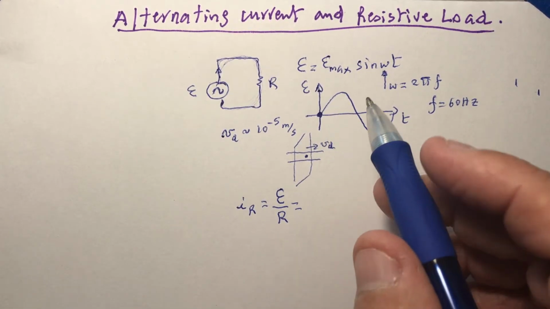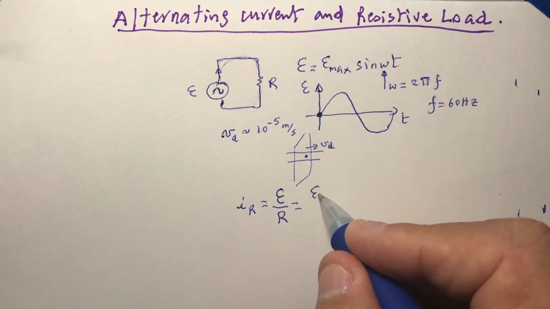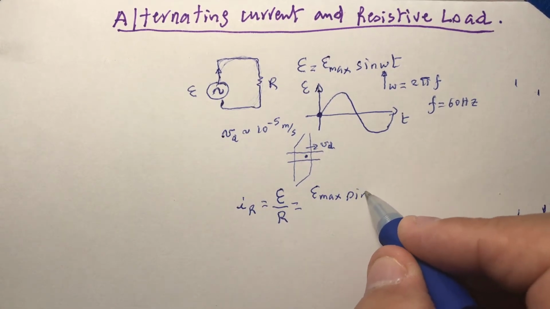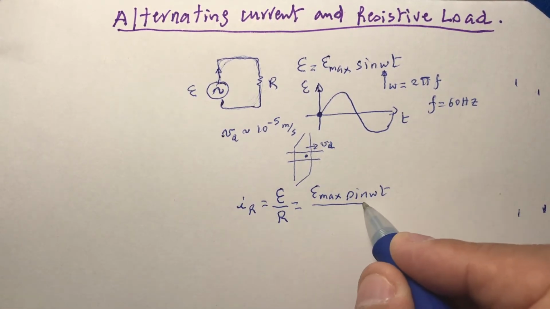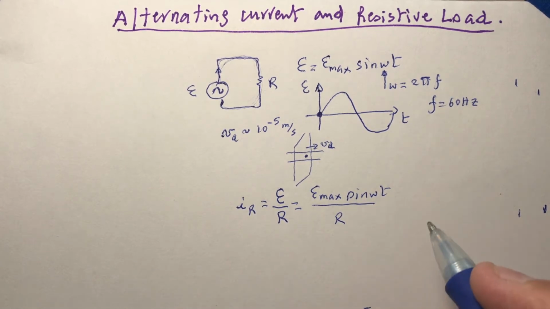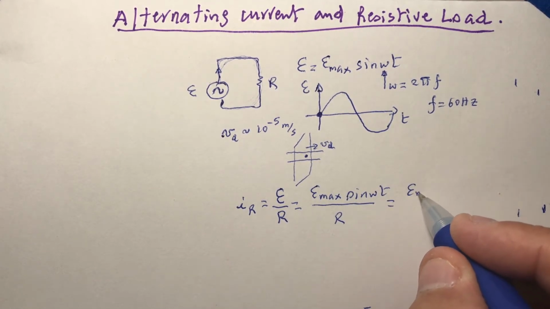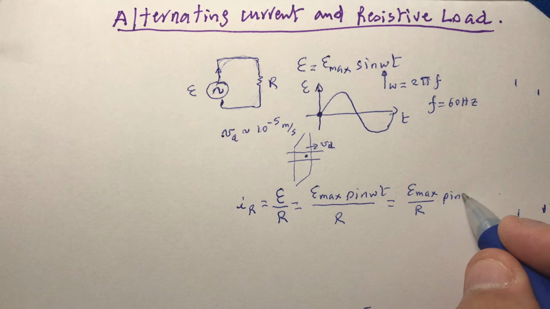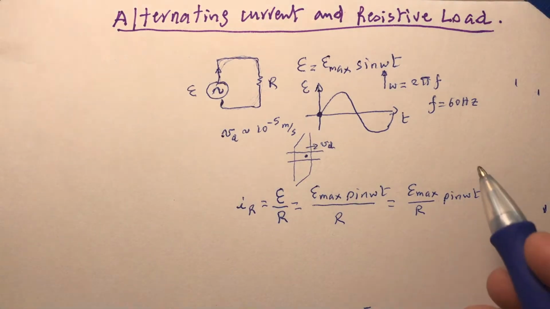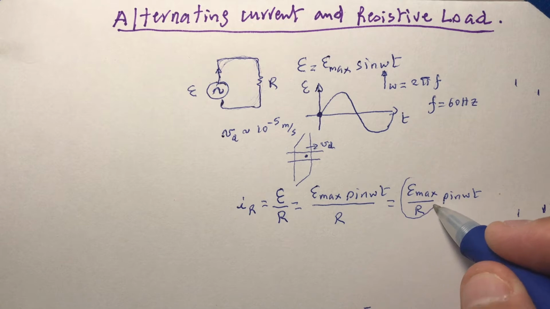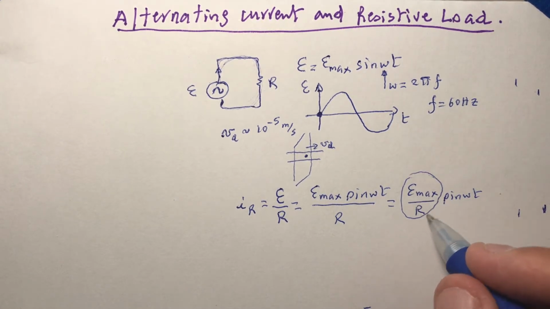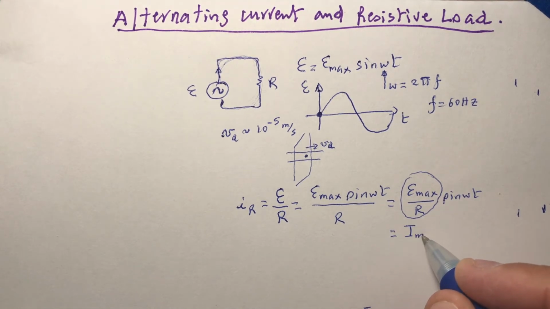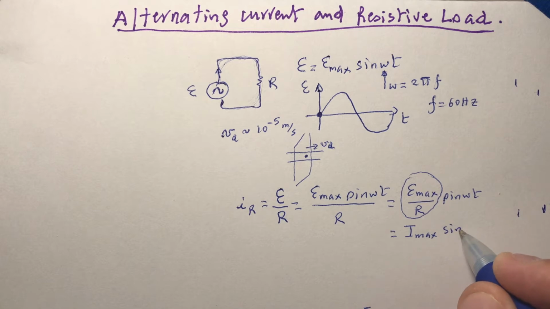Now this E is E max sine omega t, because I have it here, divided by R. This will give me E max over R sine omega t. Now this E max over R, this is Ohm's law, it's going to give us the current I max. So this is actually I max sine omega t.